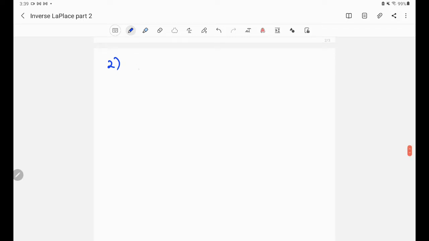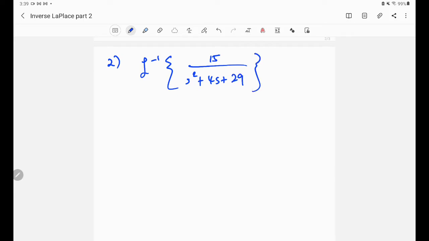In the second example, we need to find the inverse Laplace of 15 over (s squared plus 4s plus 29). Okay, so when you look at this, normally what we usually do is we try to factorize the denominator, and then we might need to use partial fractions to find the A and B, and then use inverse Laplace on that.